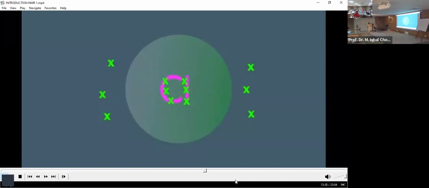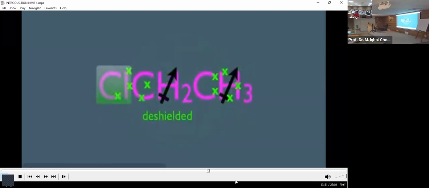But the ones not in that bubble will not have as much of a pulling effect. So in other words, the further you are from an electronegative atom, the less the effect of electronegativity. So going back to our example here, since the three methyl hydrogens are further away from the Cl, we expect less of an electronegative pull on them, which means they will remain around those H atoms, and therefore make them more shielded.